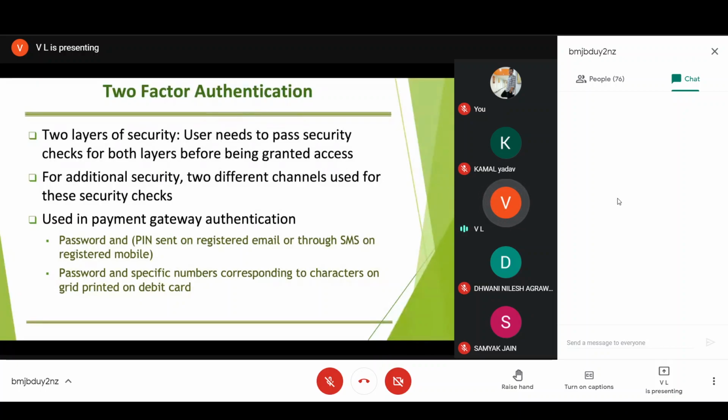What is the corresponding number of A? What is the corresponding number of G? What is the corresponding number of N, etc. So this two-factor authentication decreases the probability of an attacker gaining access to the system.